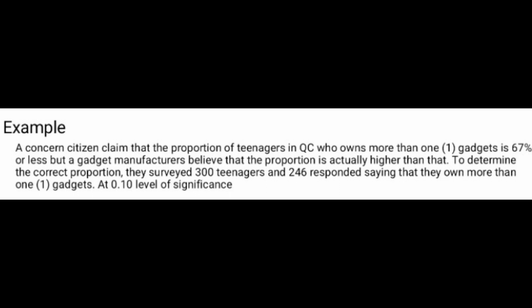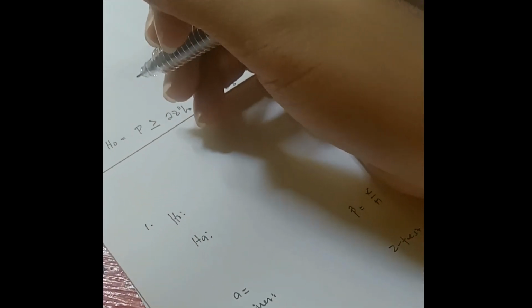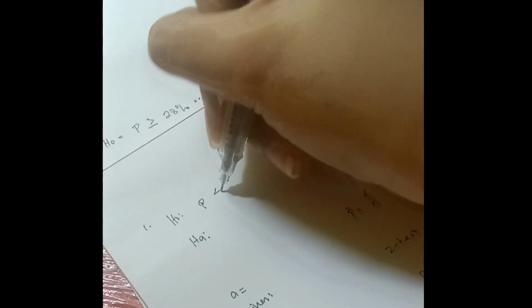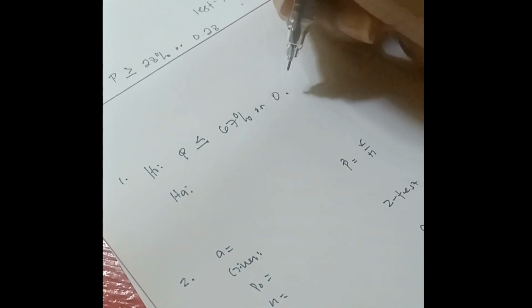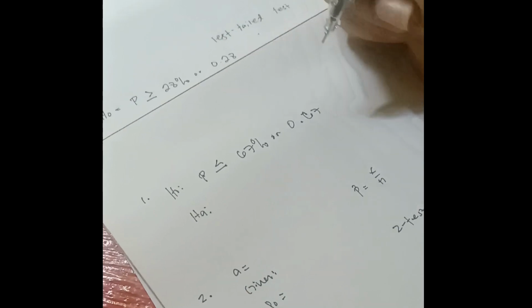level of significance. So, ang claim natin, ang null hypothesis natin is P is less than or equal to 67% or 0.67.